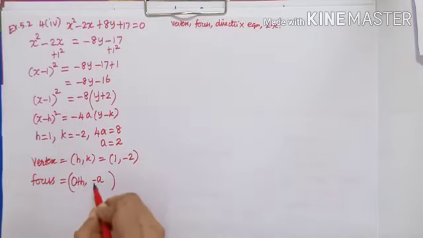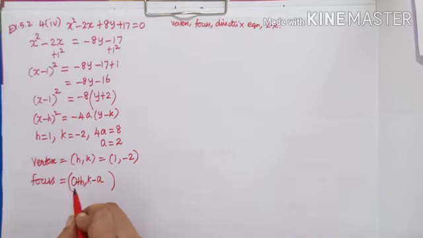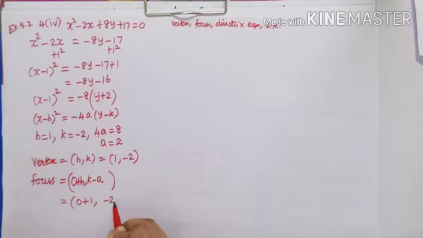Add h, add k. With the x value add h, with the y value add k. So this is 0 plus h value 1, k value minus 2, a value also 2. Simplifying this, 1 comma minus 4.